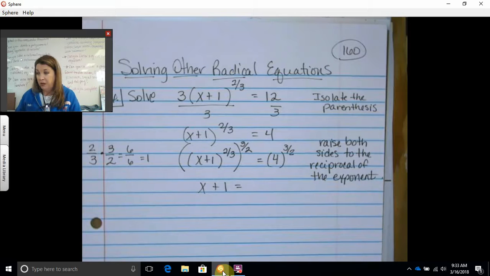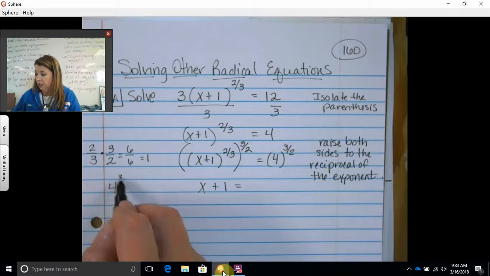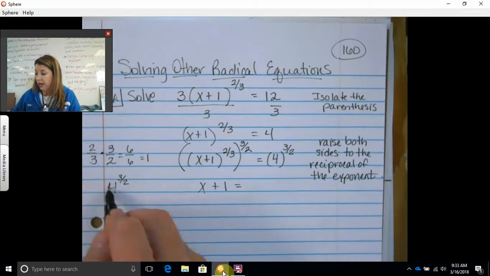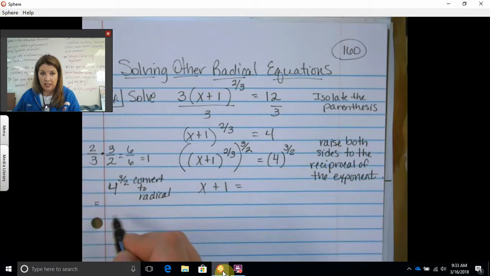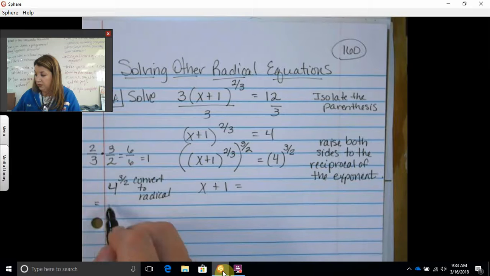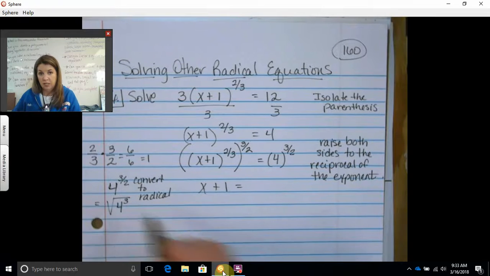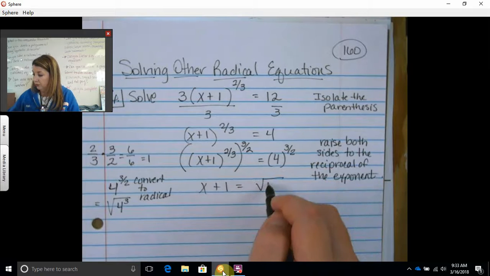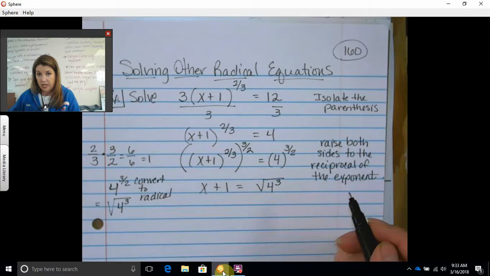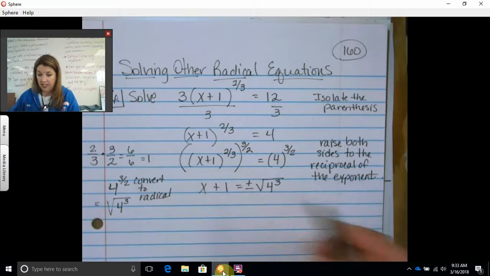And then 4 to the 3/2 power, let's convert that to a radical. So what would the index be? Square root of 4 cubed. And remember, when we square one of our sides, or take the square root, we take the positive and negative square root.